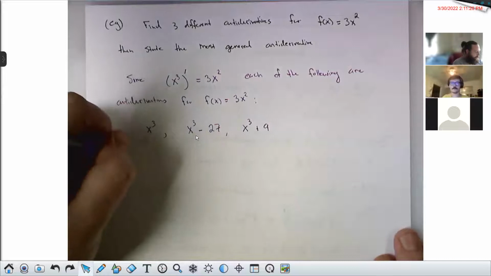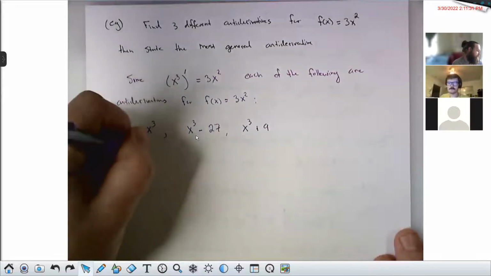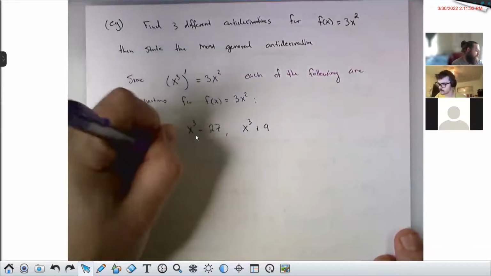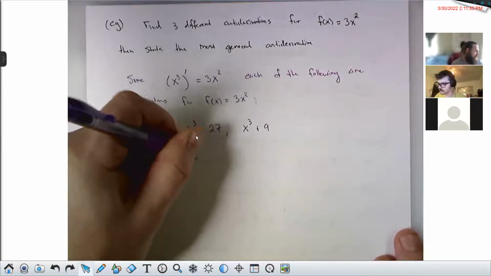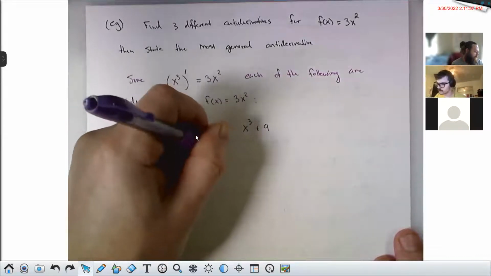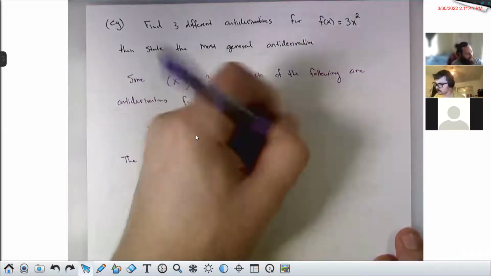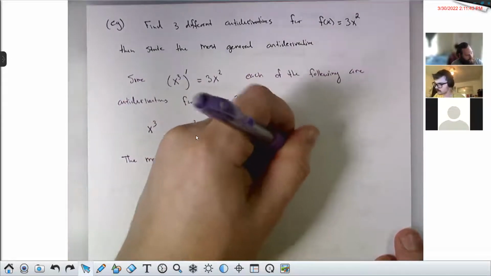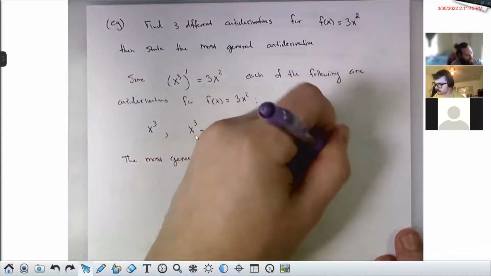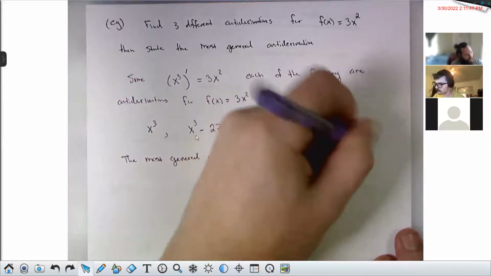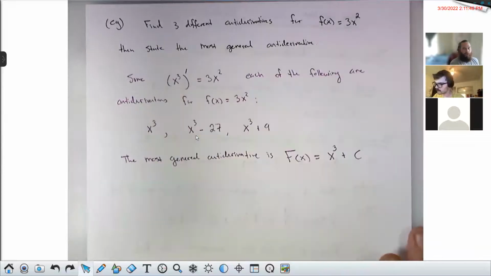So we say the most general antiderivative is x cubed plus c, where c is an arbitrary constant.